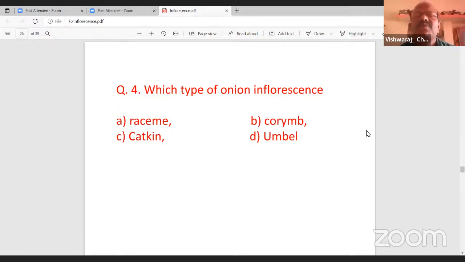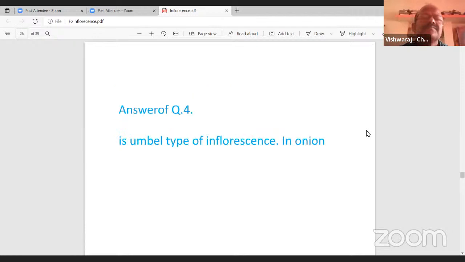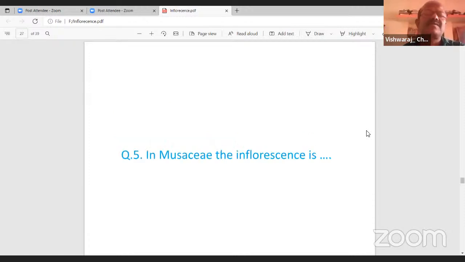From these four, which type of inflorescence is in onion? The answer is umbel type of inflorescence in onion plant.